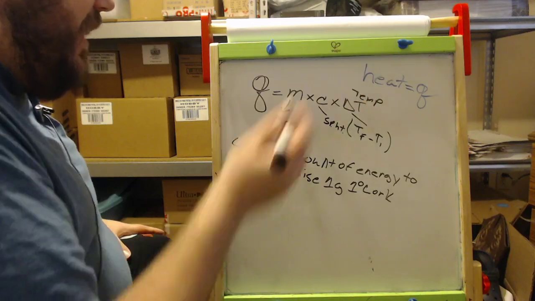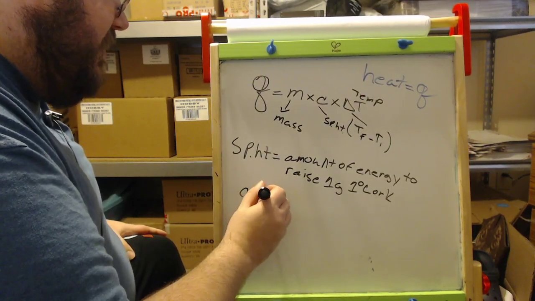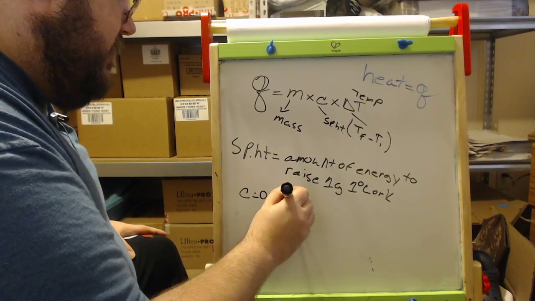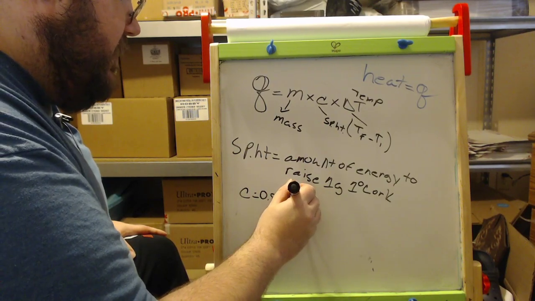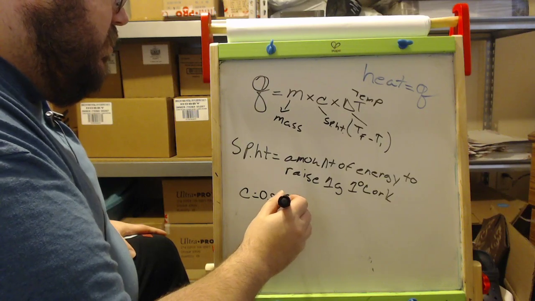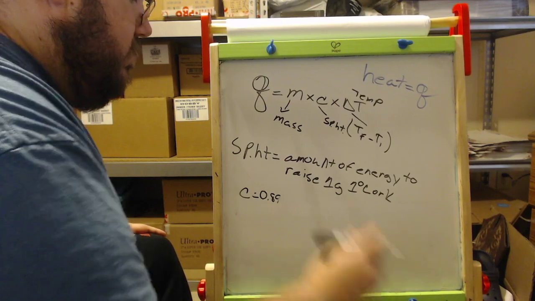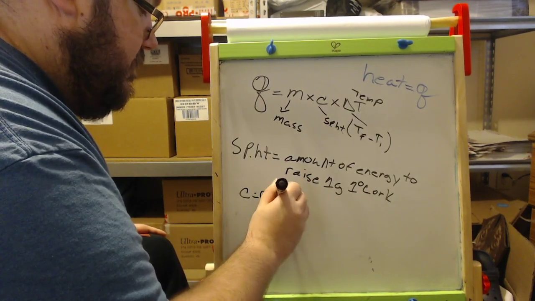So let's say we had an object, okay? And we were told that the object's specific heat is 0.89 joules per gram degrees Celsius. Okay. Sorry, joules, grams, degrees Celsius.